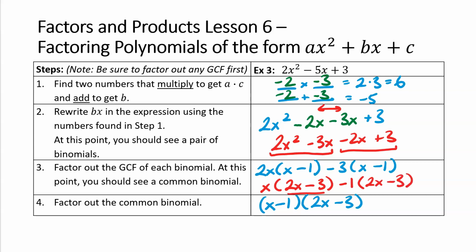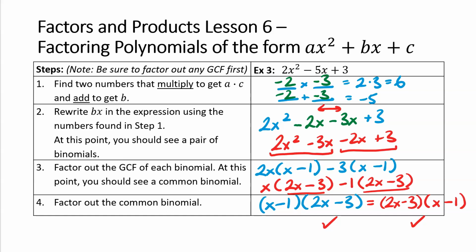Again, you find a common binomial, and that's what you factor out. 2x minus 3, that was being multiplied by x minus 1, and those two are equivalent. So this is correct, and this is correct, because with multiplication, order doesn't matter.